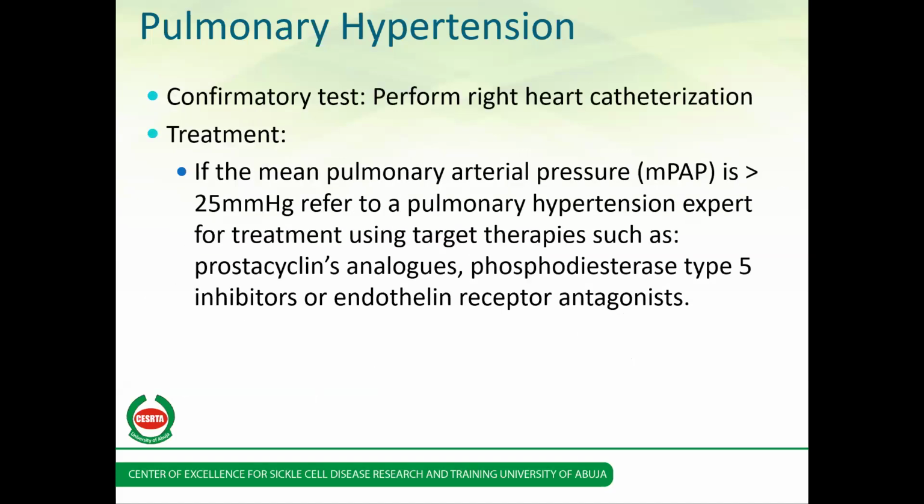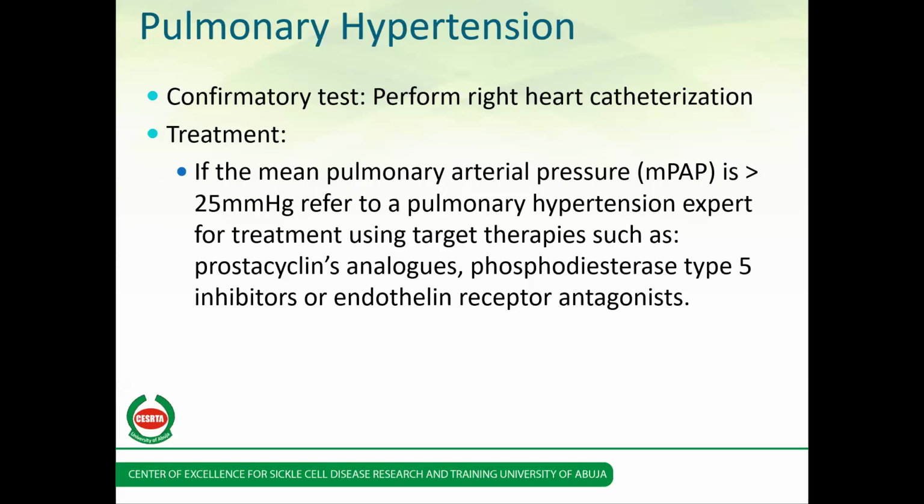And the confirmatory test is to perform a right heart catheterization. Again, these are highly specialist programs or interventions. So patient should have echocardiography on annual basis, to rule out pulmonary hypertension.